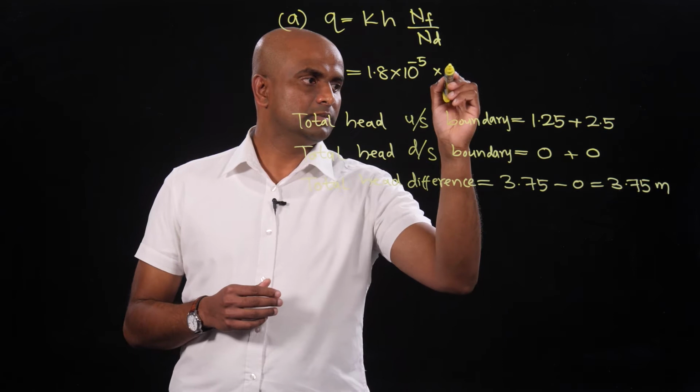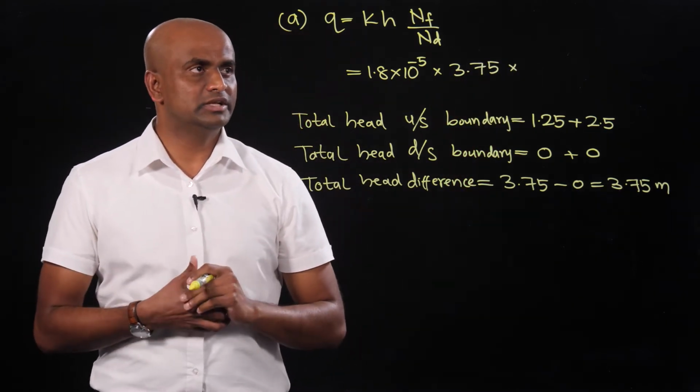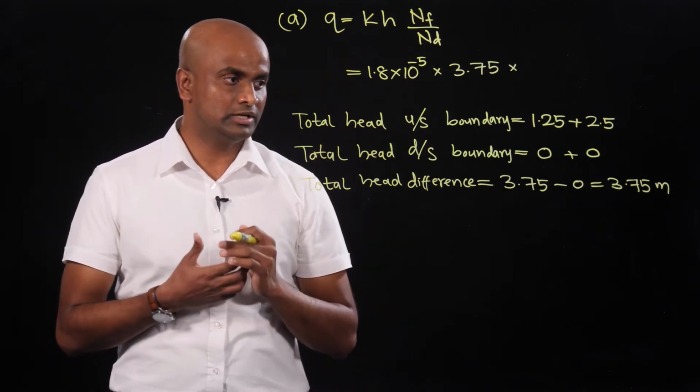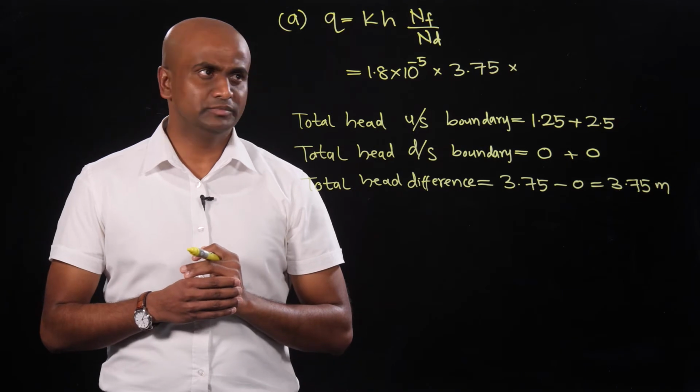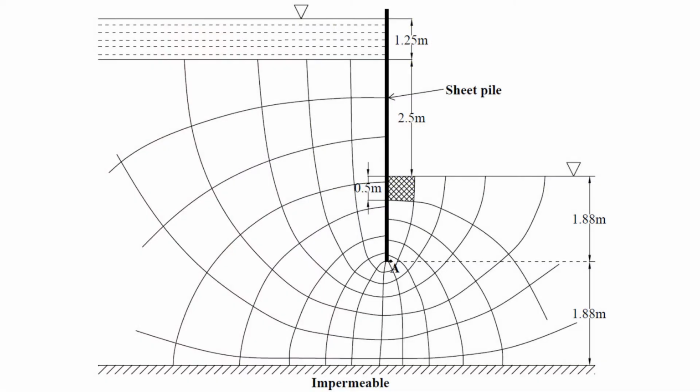So we substitute 3.75 here, and then NF and ND. NF is the number of flow channels, so you have to refer to the flow net diagram in order to get the NF and ND values. If you look at the flow net diagram, you can see that there are several flow channels, and the best place to count the number of flow channels is underneath the sheet pile wall.